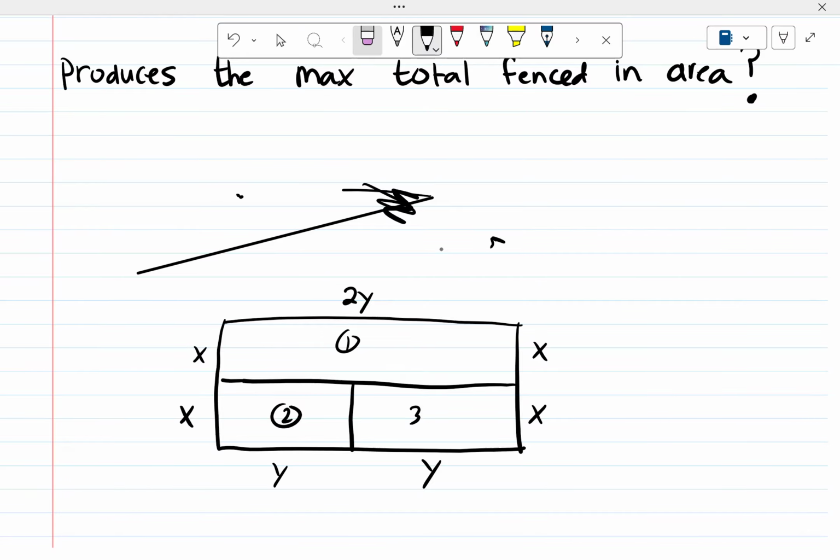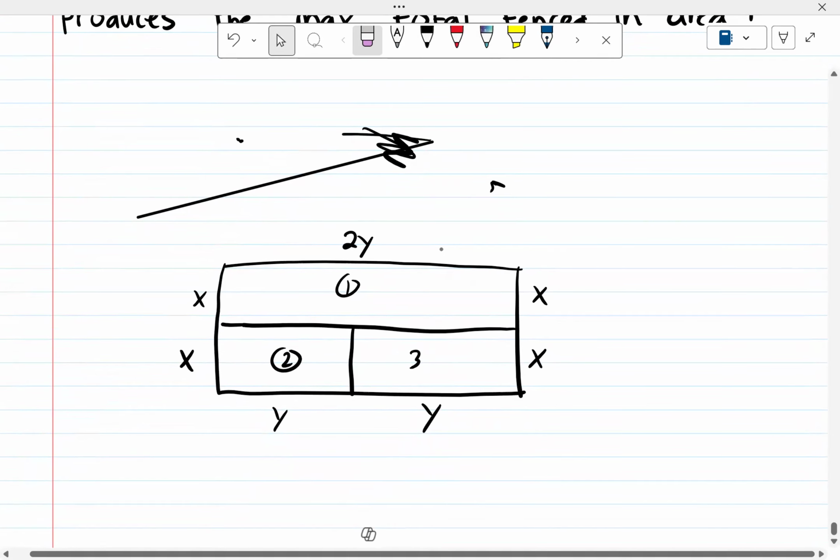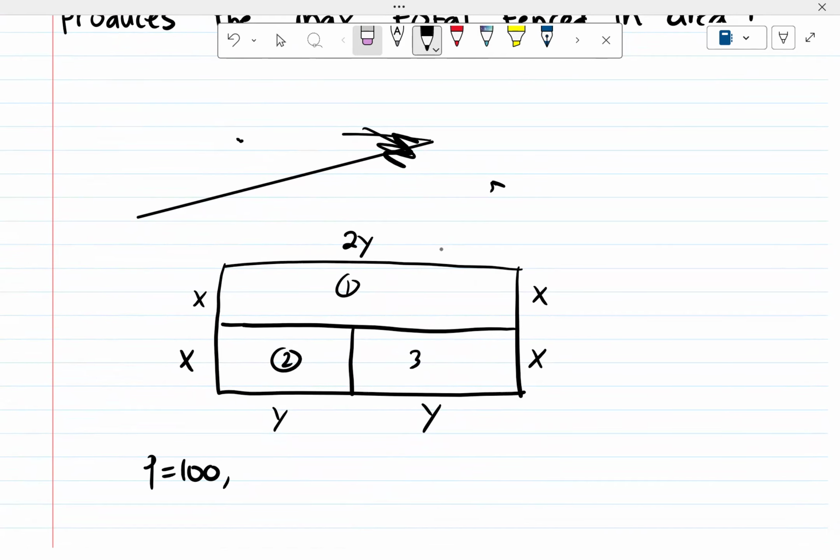So we're going to solve for y that gives a max area. What do we know? We know the total perimeter is 100, and perimeter is adding up all the sides.